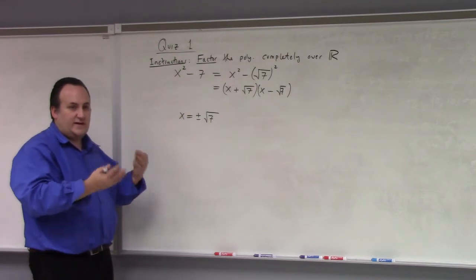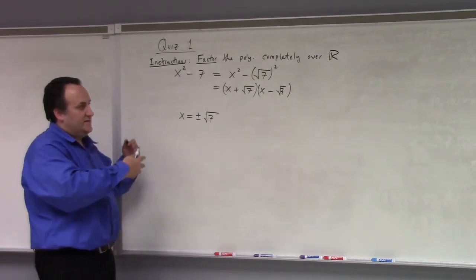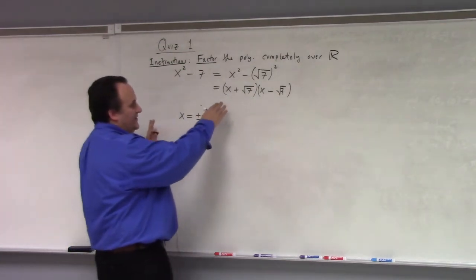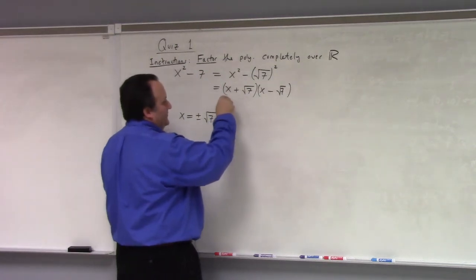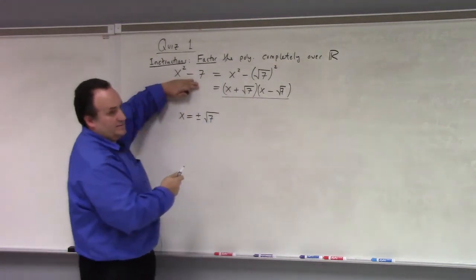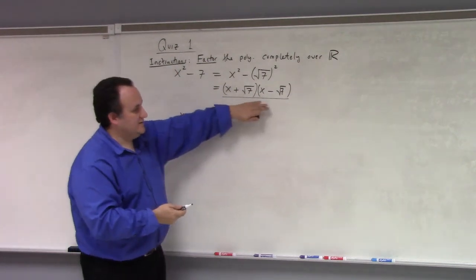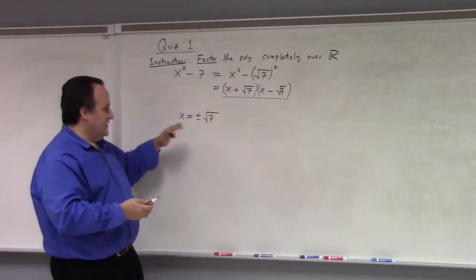An expression is not a number, it's a formula that's just sitting there on its lonesome. Like this is an expression. So factoring is when you take this expression and rewrite it as a product of these two expressions. That is the answer. This is not the answer.